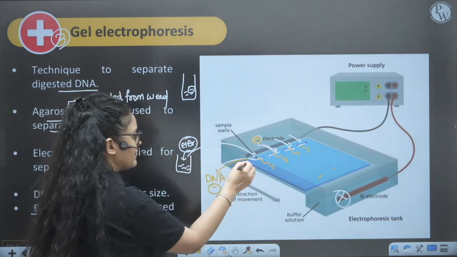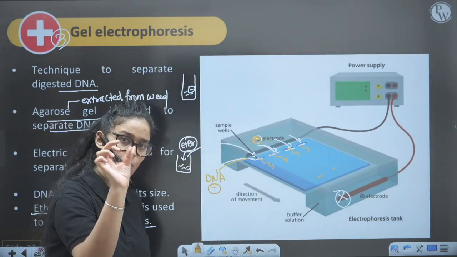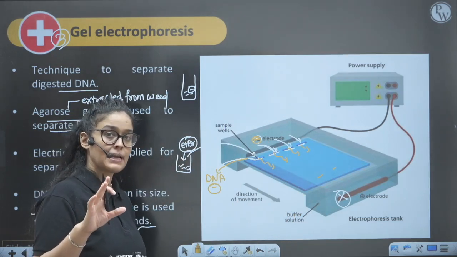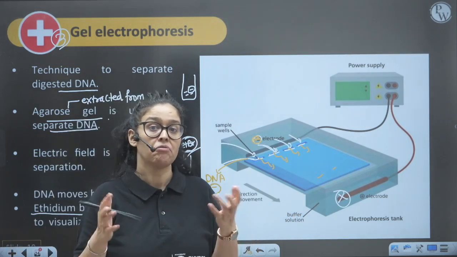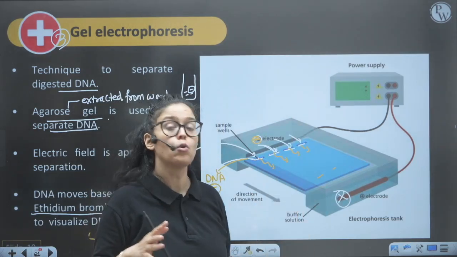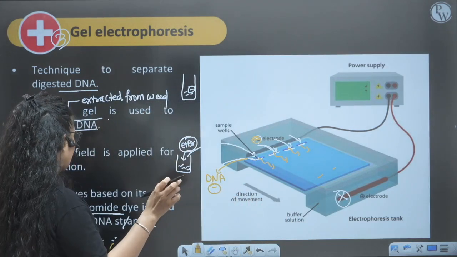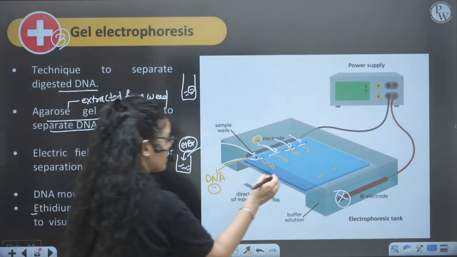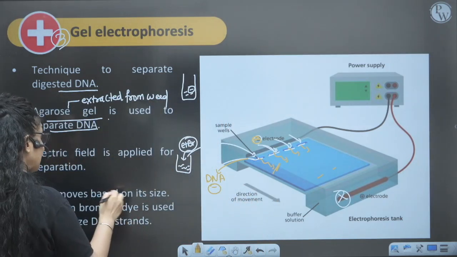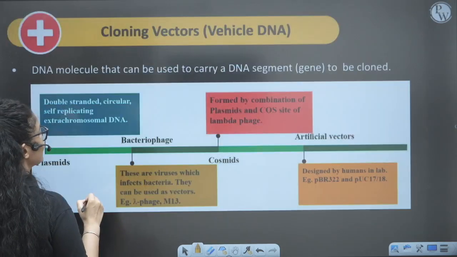The smallest DNA will be able to run very fast through the pores, but the bulky DNA will not be able to pass through the pores. So the smaller DNA will run farther and faster, and large DNA will run very, very slow.